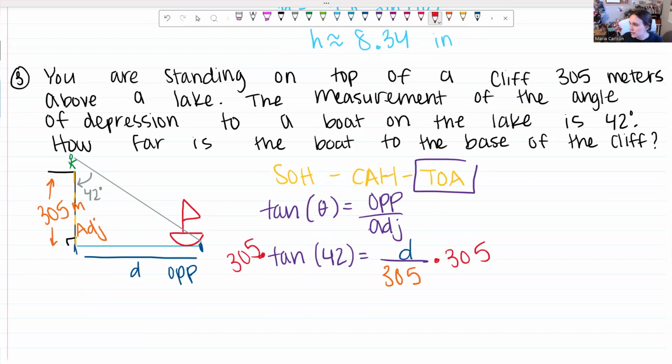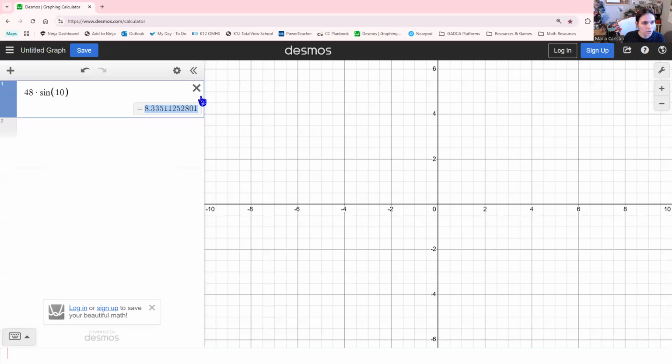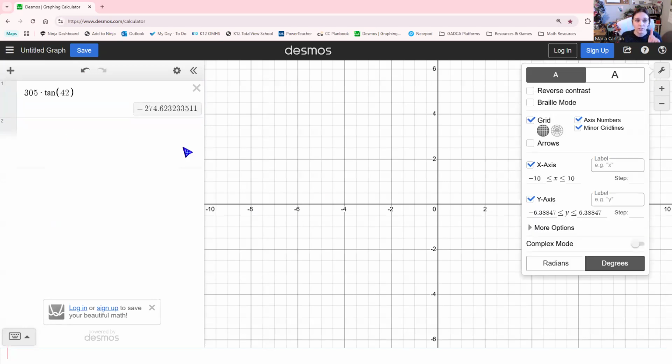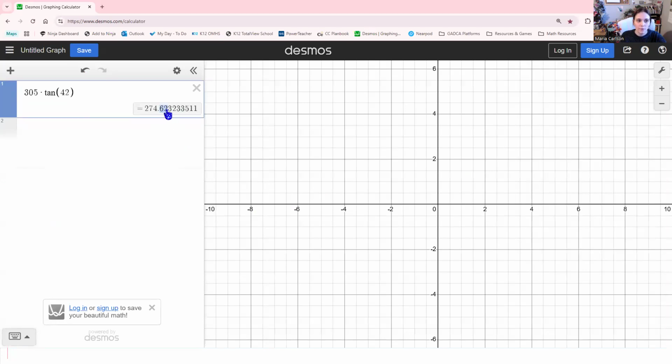Let's go over to Desmos now. I am going to multiply 305 times the tangent of 42 degrees. And it should still be in degrees. It is 274 point, let's round to the nearest hundredth again. I know I forgot to have us write that down. If I'm rounding to the nearest hundredth, it would be 274.62 meters.